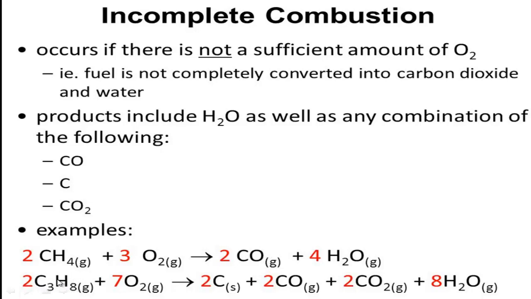Also this is propane. Propane is also a hydrocarbon. So for complete combustion of 1 mole propane, 4 moles oxygen are needed. So for 2 moles propane, 8 moles oxygen are needed, but here 7 moles are used.